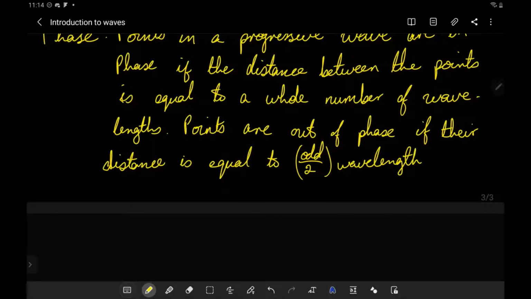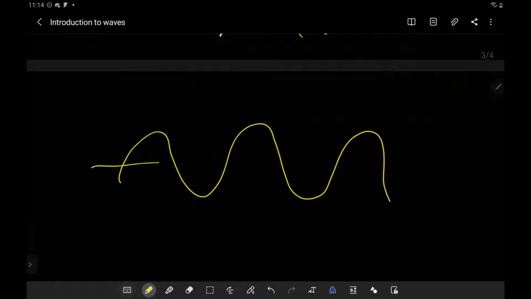So let's take a look at an example. Suppose we have a wave like this, something like that, and I look at the points.